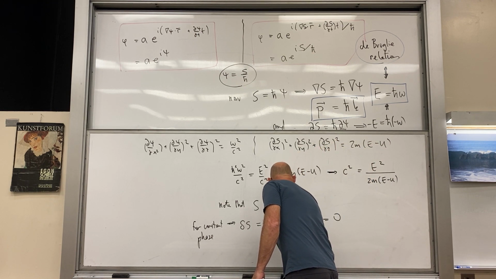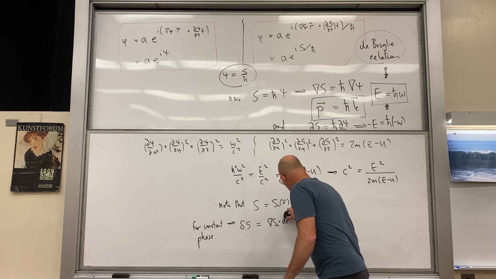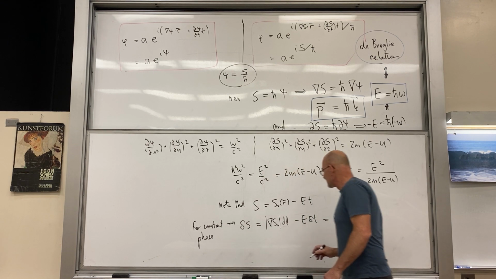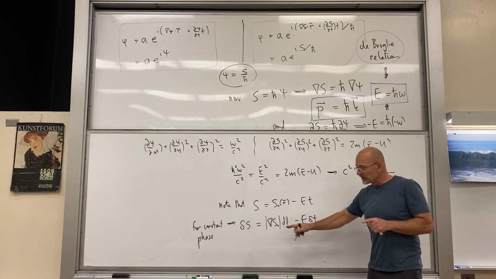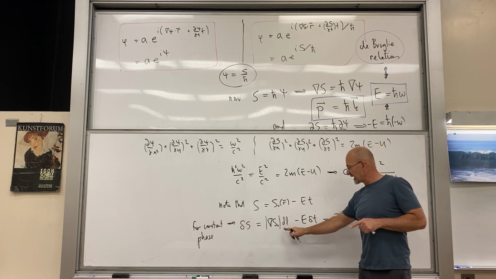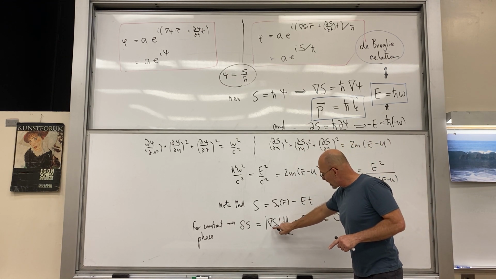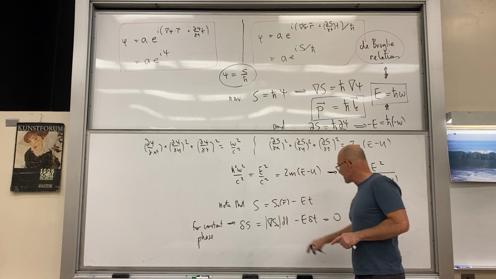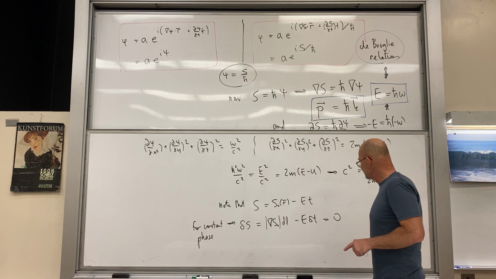So if this equals 0, what do we get? Let's go ahead and make the nomenclature like this. In fact, let's do this: magnitude times dl. That means the dr was in the direction of propagation. So that scalar product turns into the magnitude times the length dl minus E dt.